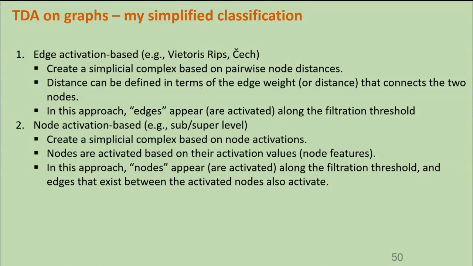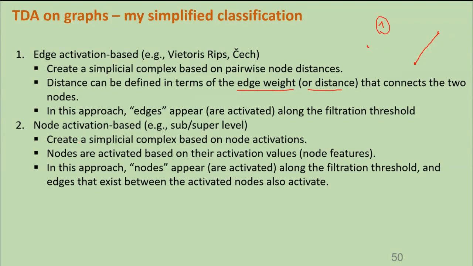This node distance is defined in terms of the edge weight or distance that connects the 2 nodes. So in this approach, edges appear along the filtration threshold between 2 nodes. So in the very beginning, we have each node as isolated, and then based on distance, some of the edges are activated as you change the filtration threshold, and you create a simplicial complex by using this. This is the first approach, edge activation based.